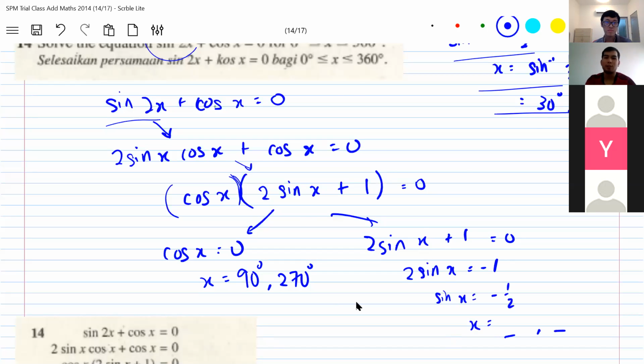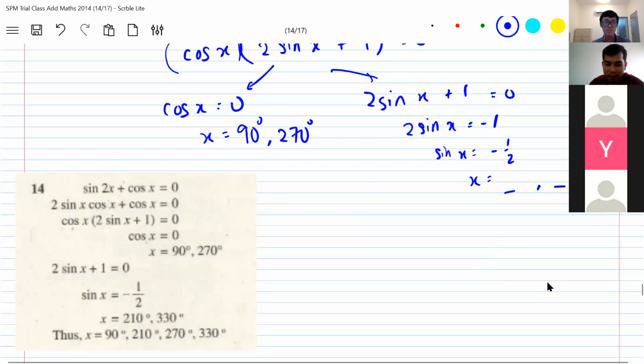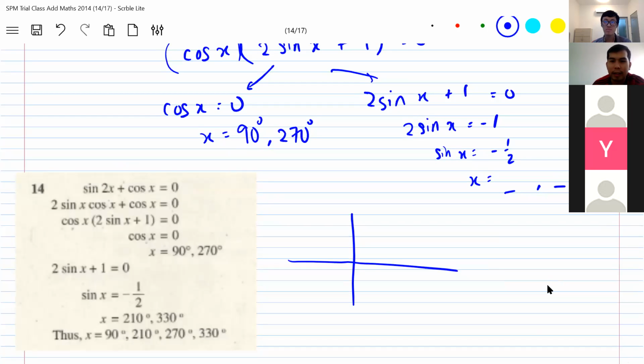Okay, so before I tell you how to do that, let me teach you a general thing, okay? We have 4 quadrants, and in some quadrants, the sine, the cos or the tangent of some angles would be positive or negative. The sine of all the angles will only range from -1 to 1.